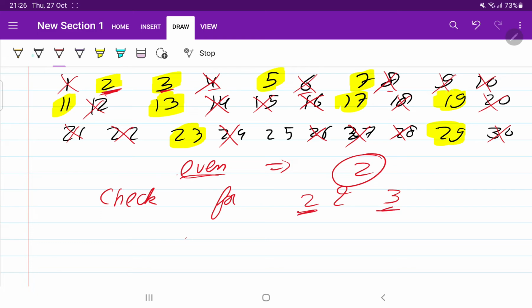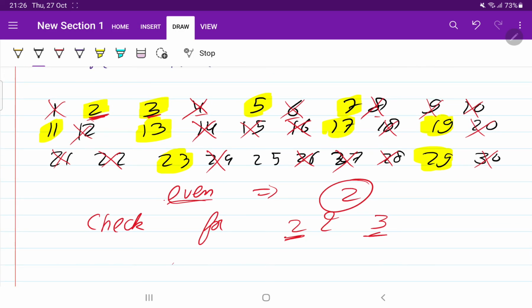Now observe one pattern. 5 and 7, these are prime numbers in the gap of 2. The next prime numbers are 11 and 13, in the gap of 2. The next are 17 and 19, again in the gap of 2.